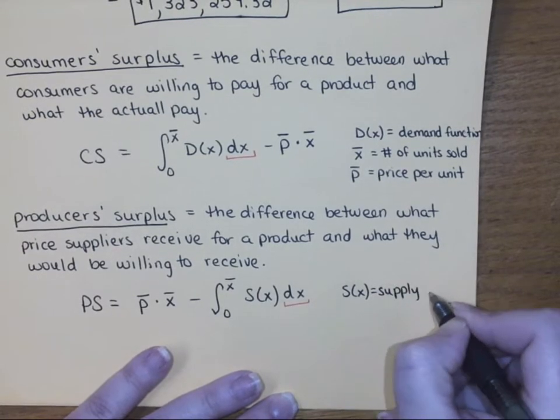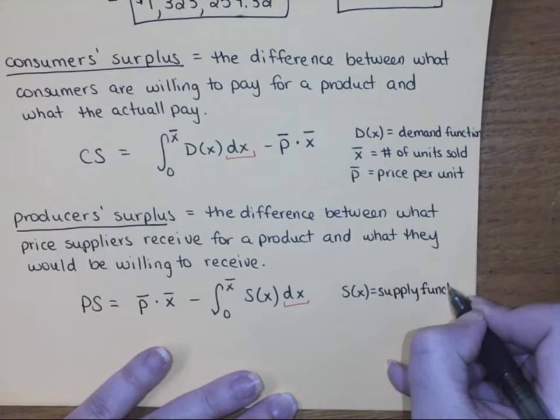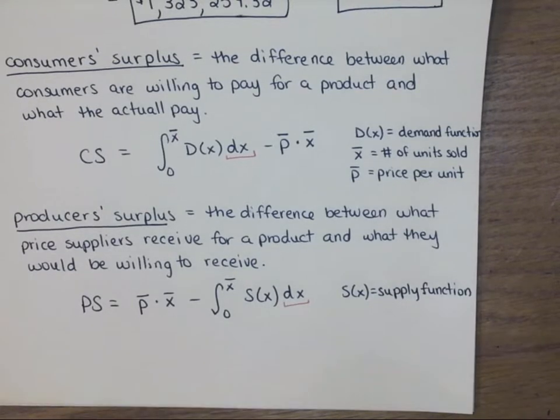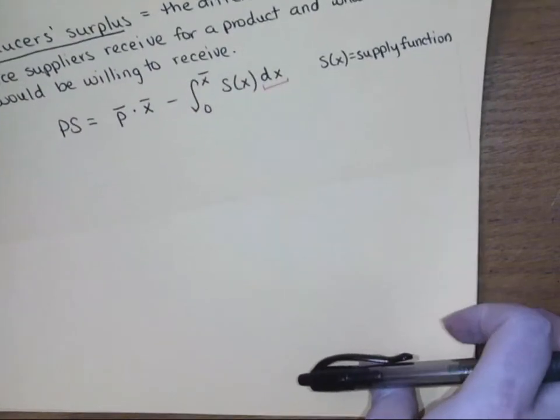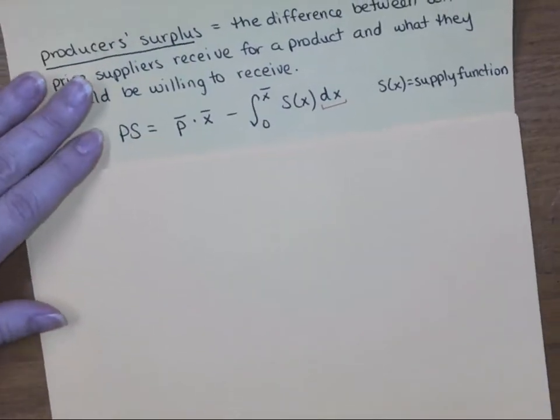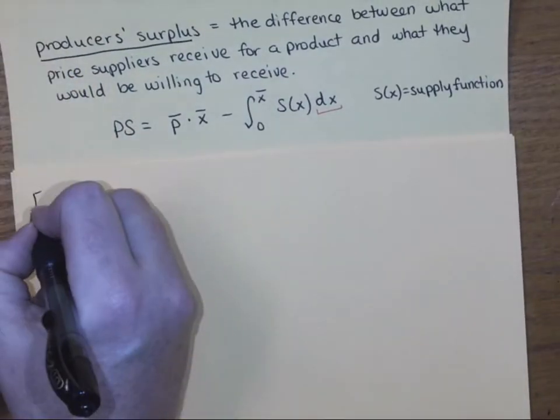Think of it this way. Producers don't control demand, they control supply. Consumers control demand, producers control supply. All right, so again, you're not going to need to memorize these equations, just how to use them.